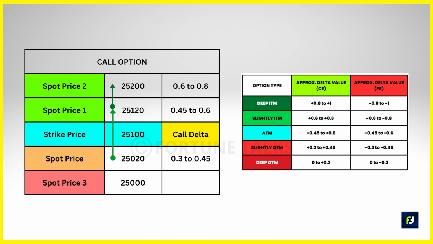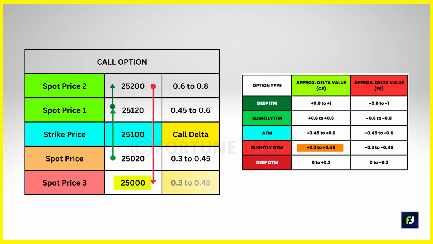Now finally, let us assume the Nifty underlying gets beaten down heavily and drops to 25,000 from 25,200. What do you think will happen to the delta value of the call option? With a fall in spot prices, the 25,100 call option will once again become an out of the money strike from ATM.